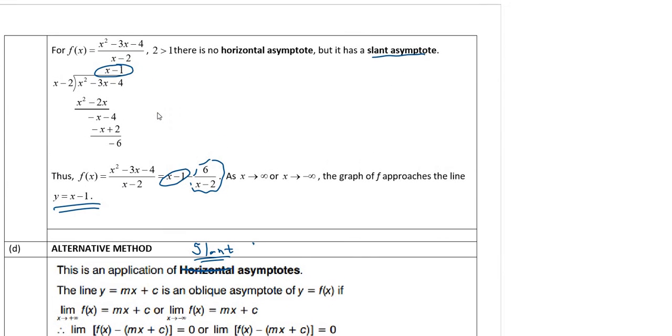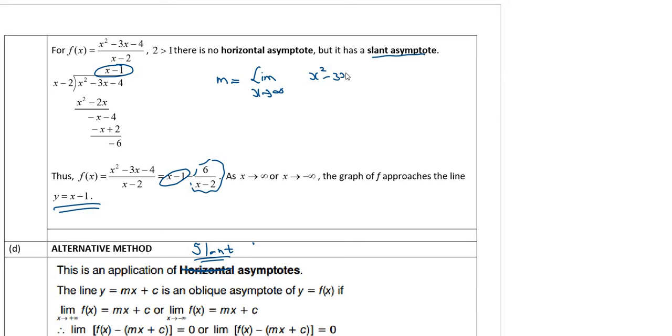So if we can come back here, and we just try that now. In other words, we said we can find m by doing the limit to infinity of the f function over x.